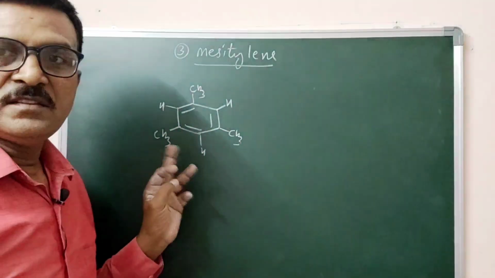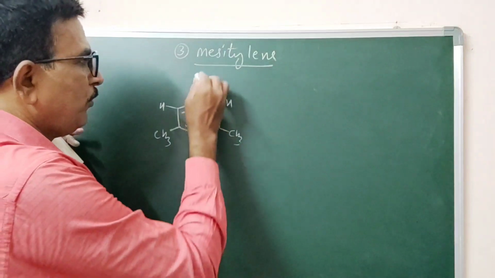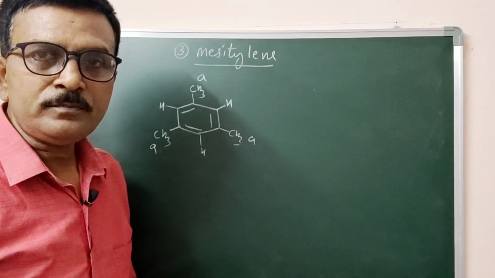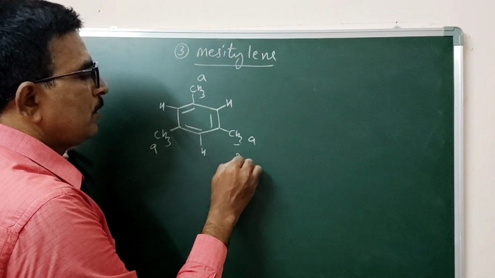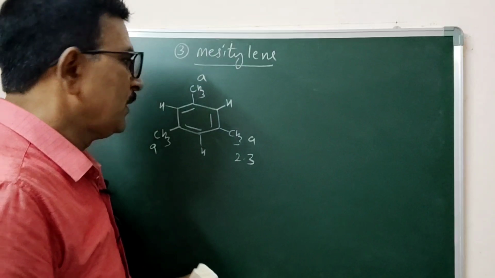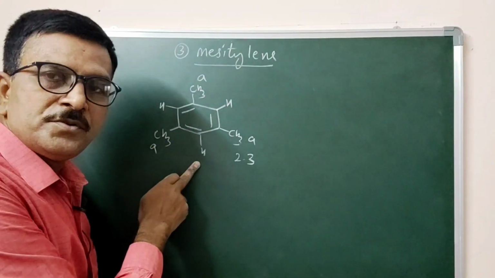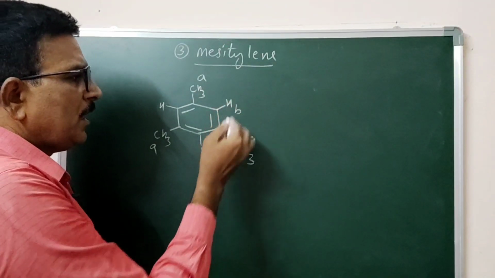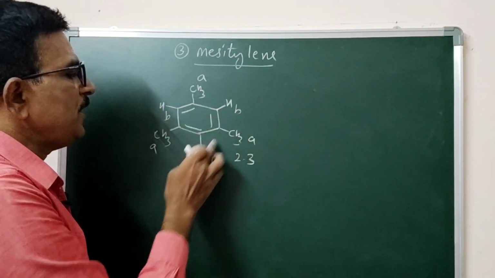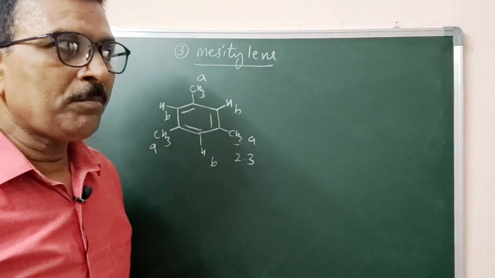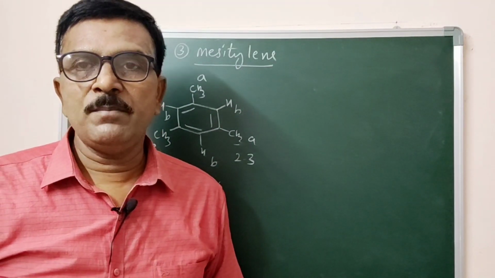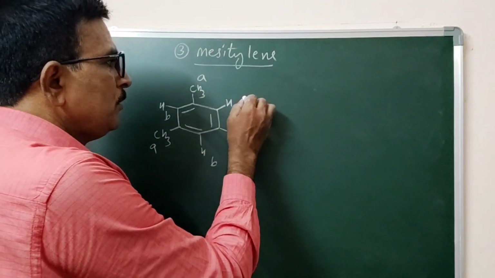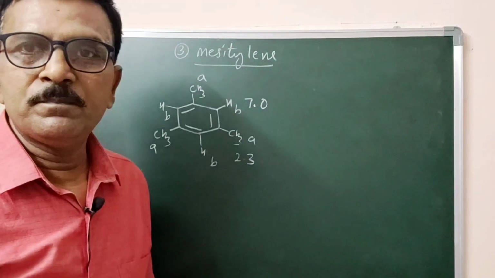CH3, CH3, CH3 become equivalent. Therefore you designate them with the letter A, with the value of 2.3 ppm. Now the 3 aromatic protons are also symmetrically attached, therefore all become equivalent. HB, HB, HB. Equivalent protons should be designated with the same alphabet. B proton, B proton and B proton. Now the value is something like 7.0 ppm.